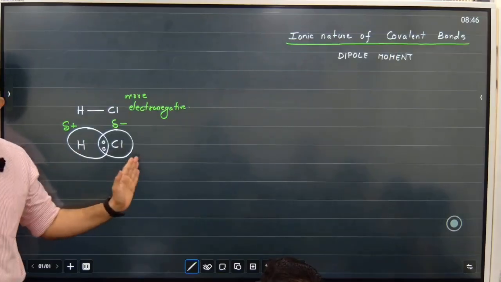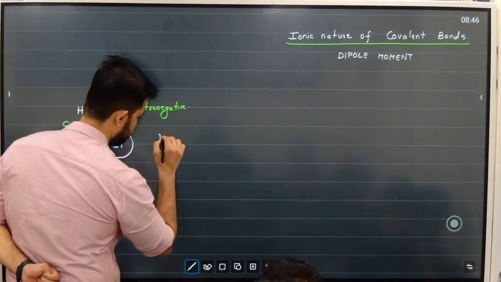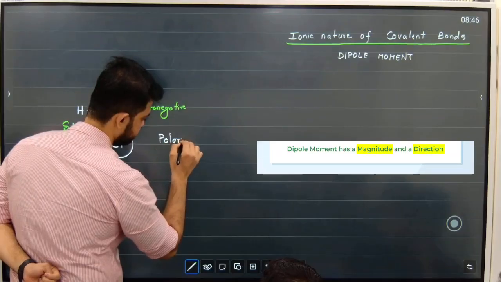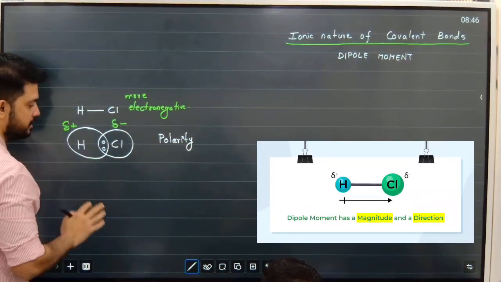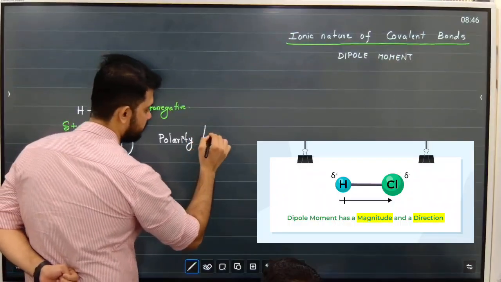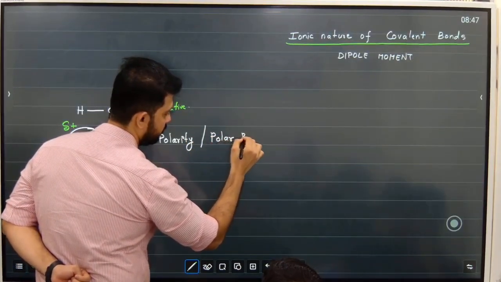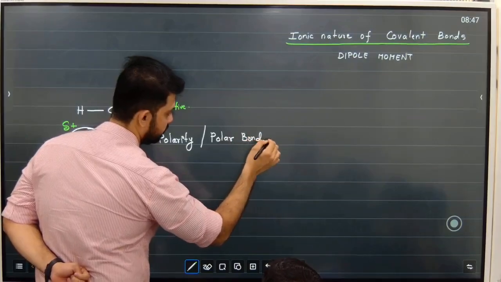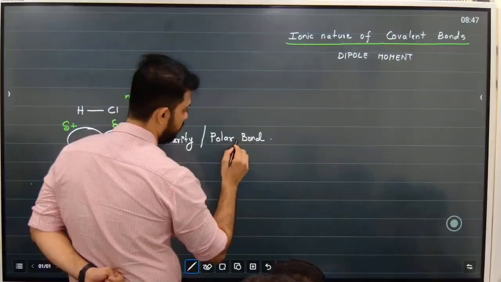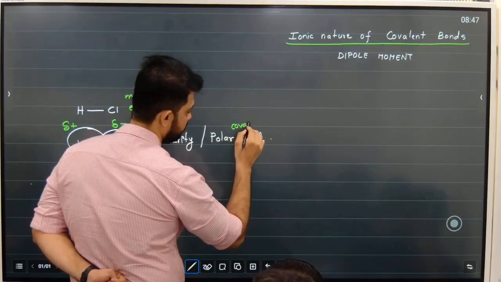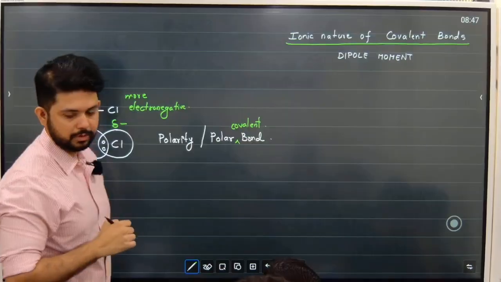This development of charge is called polarity. And such a bond where this charge is developed is called a polar bond, or you can say it is called a polar covalent bond.